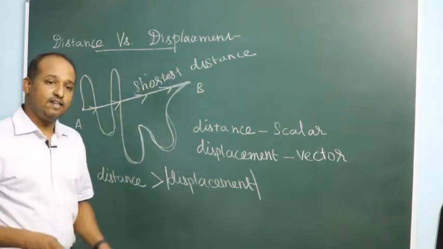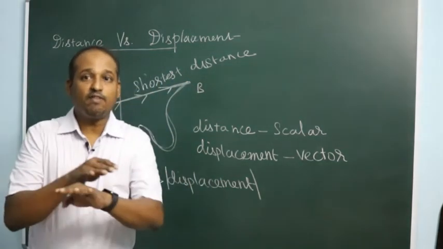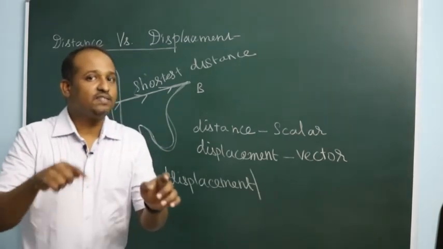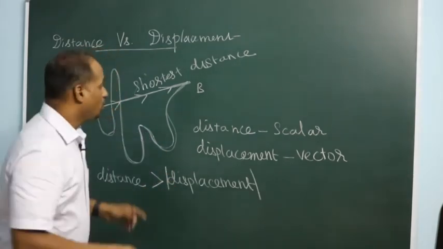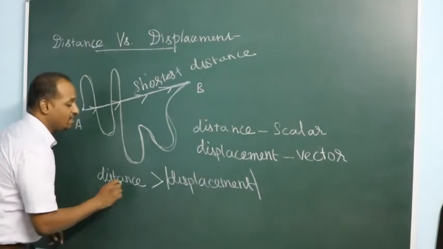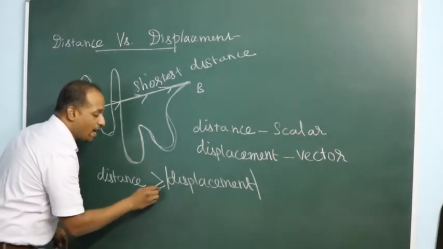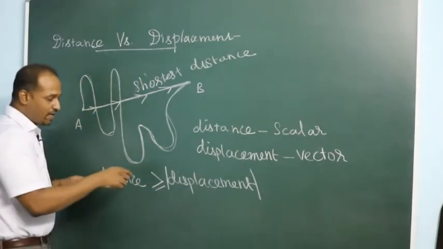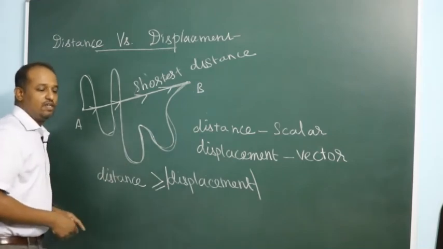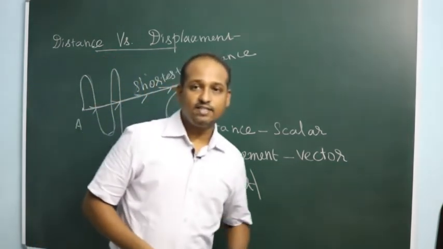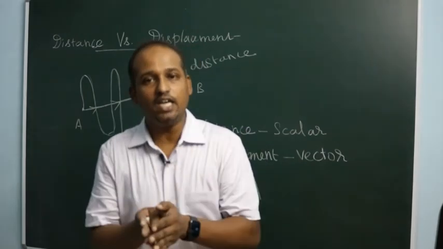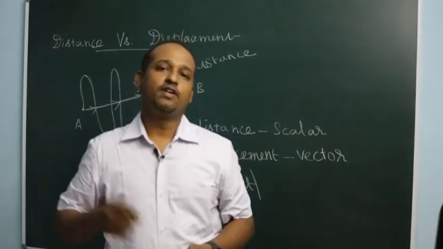In that case, the distance and displacement values are the same. The displacement has got a direction in addition. So in that case, distance is equal to the magnitude of displacement. So we can arrive at this relation: distance is always greater than, or sometimes equal to, the magnitude of displacement.